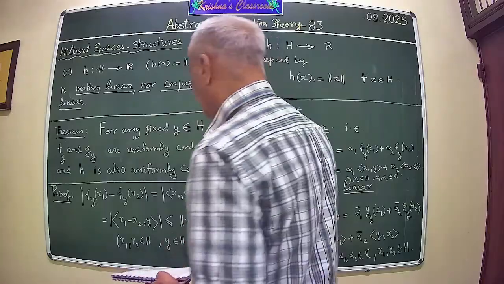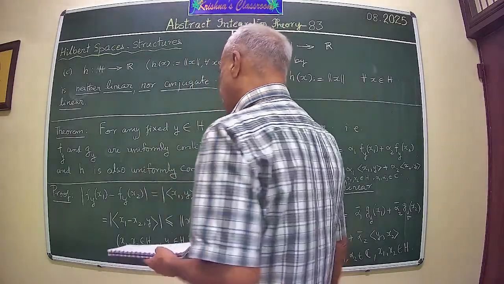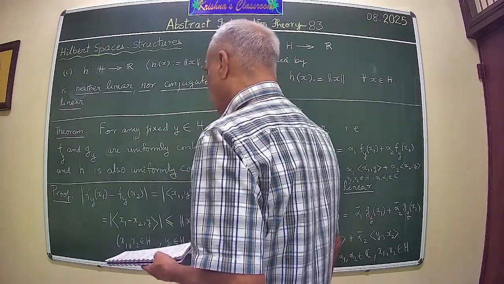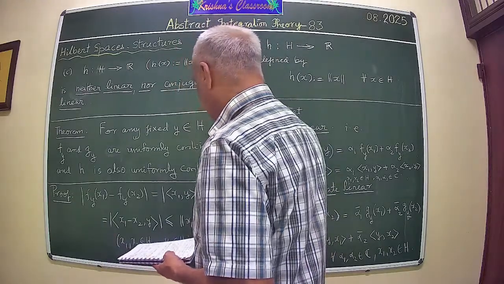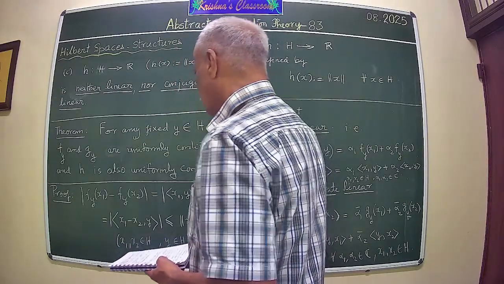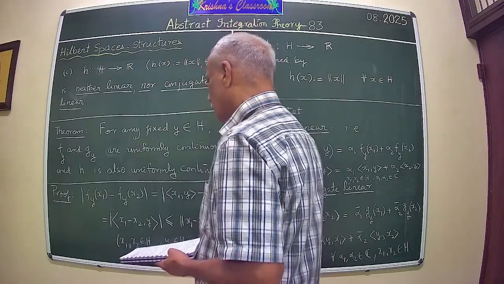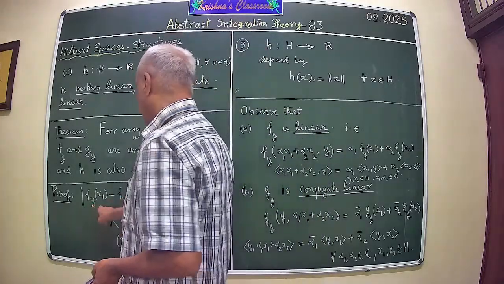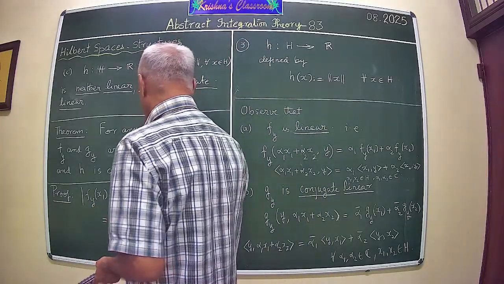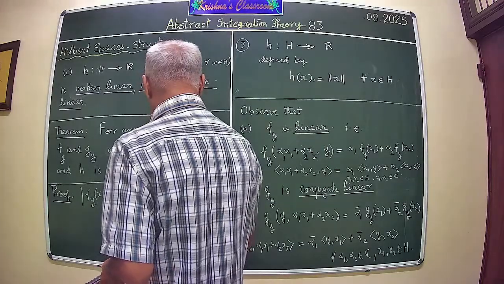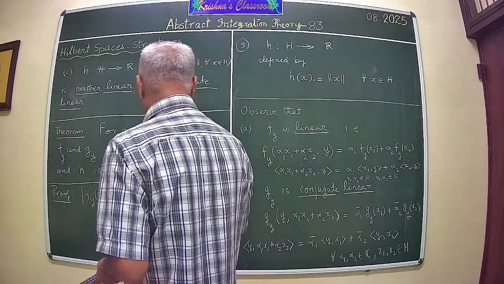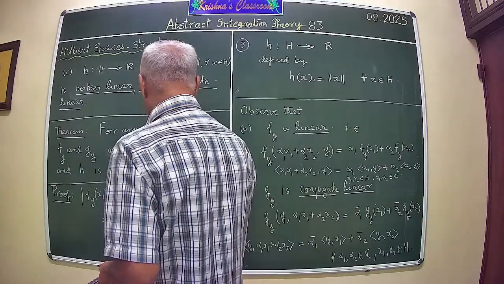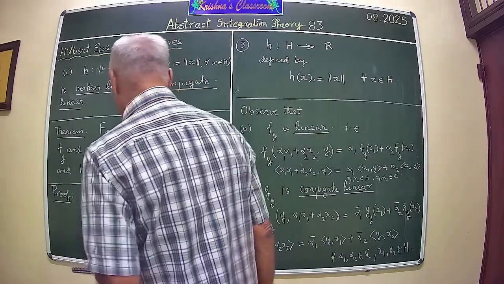It immediately follows that Fy is not only continuous, but also uniformly continuous. Because you have modulus of Fy x1 minus Fy x2 less than or equal to norm of y into norm of x1 minus x2. Now this is actually d of x1, x2.